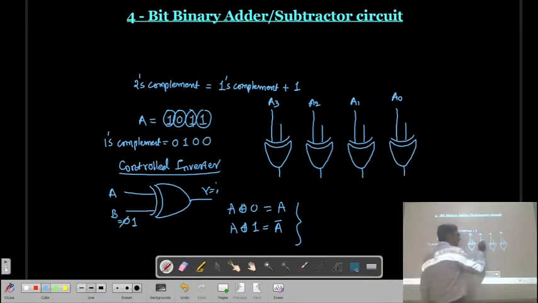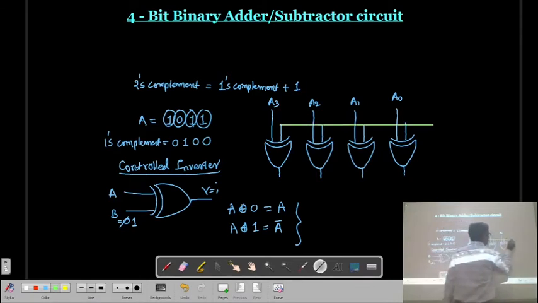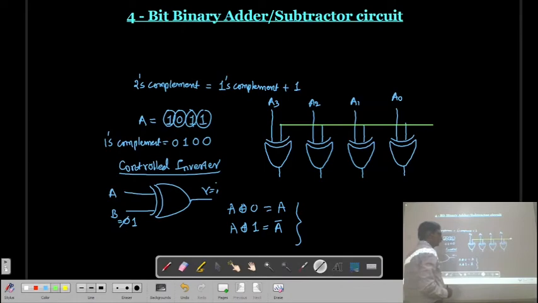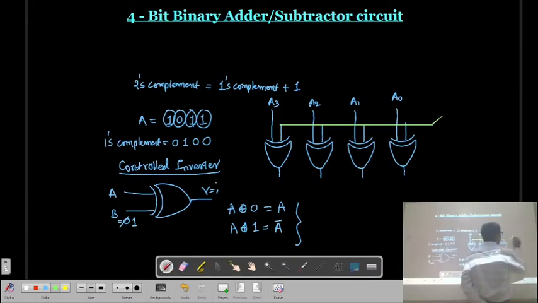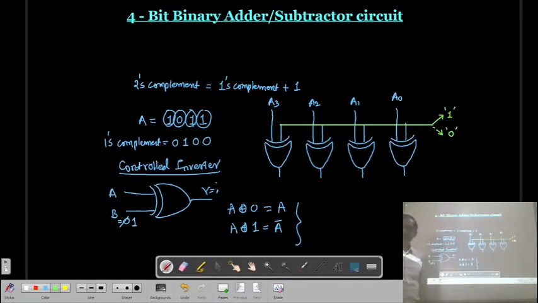Now the second inputs of the exclusive OR gates we are connecting together like this, and this input you can apply either to 1 or to 0. Correct?